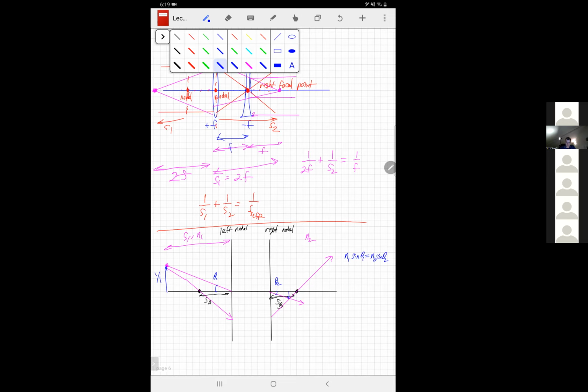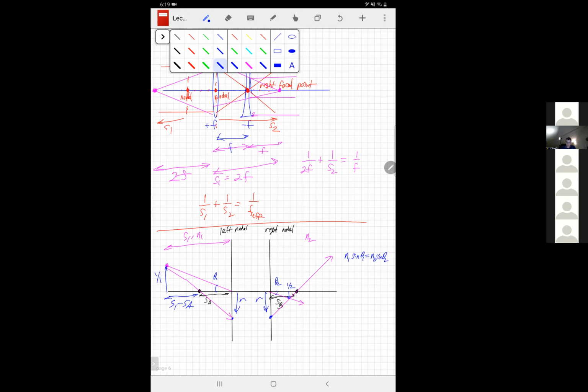Y1, Y2, and then this will be S1 minus SA, and we'll call this distance R. That's the other thing I forgot to mention: when they hit this nodal plane or principal plane, they make the same height when they come out on the other side.